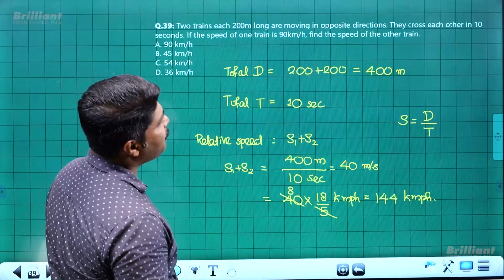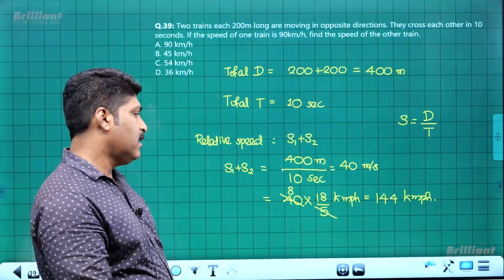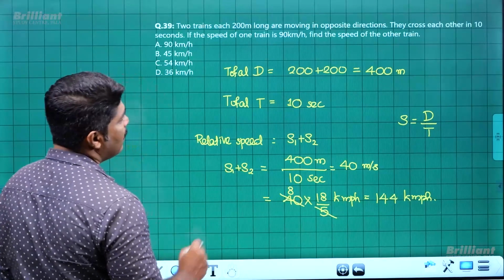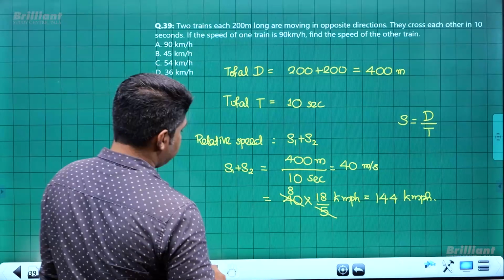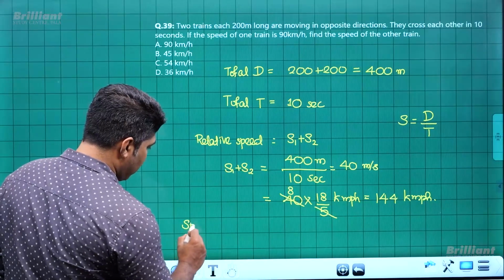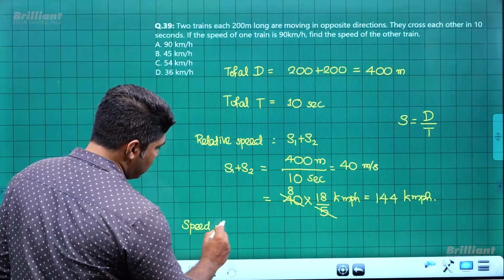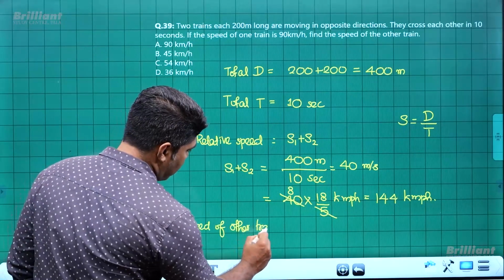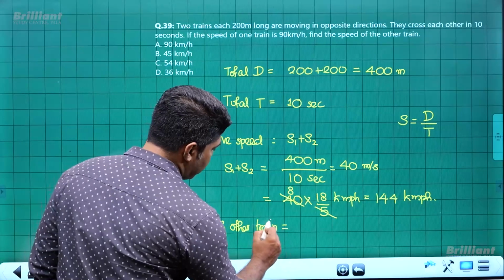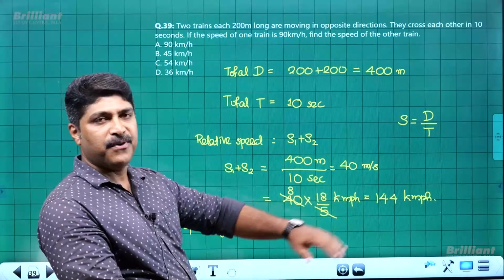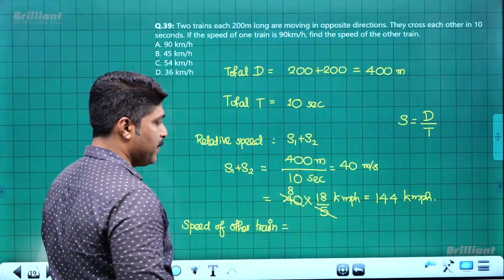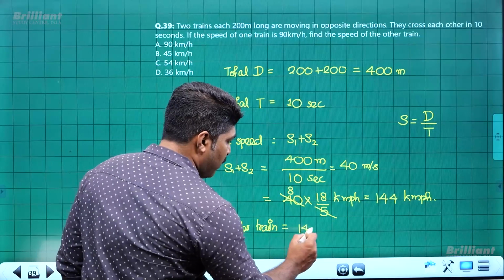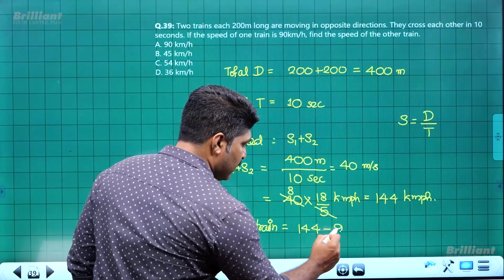It is given that one of the speeds is 90. Then what is the other speed? Correct. Therefore, the speed of the other train: one speed is already given, 90. You can directly subtract the 90 from this 144, as that's the sum of both the speeds. Therefore, this is 144 minus 90.